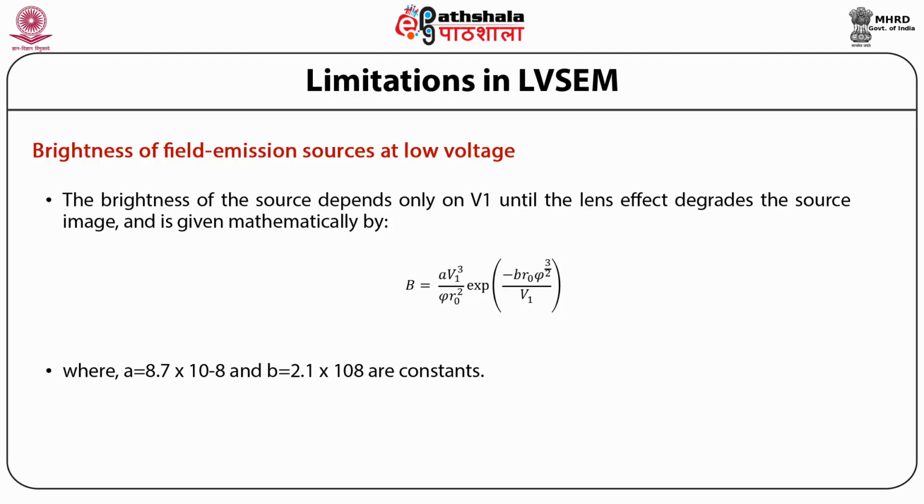exponential minus b R0 to the power 3 by 2 divided by V1, where a is equal to 8.7 into 10 to the power minus 8 and b is equal to 2.1 into 10 to the power 8, and a and b are constants.